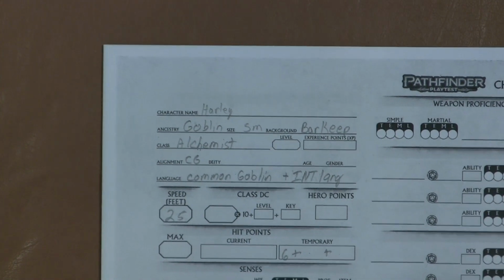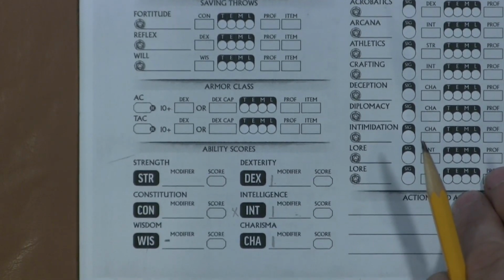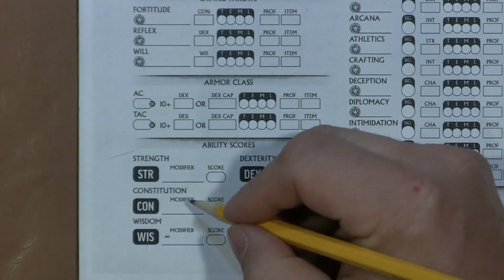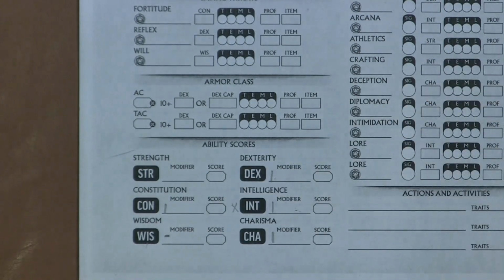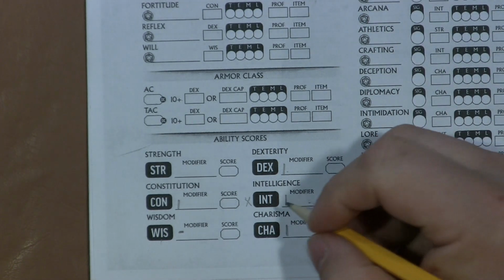So I chose Barkeep, and then the ability boosts for Barkeep are, so 1 must be to Constitution or Charisma. I'm going to go with Constitution. Maybe that's a bad idea. And then the other one I'm going to boost in Intelligence.